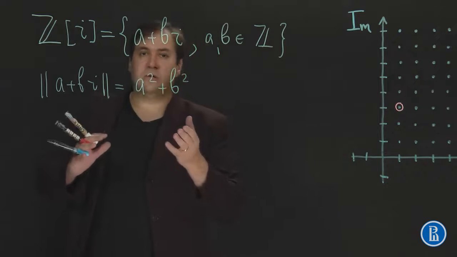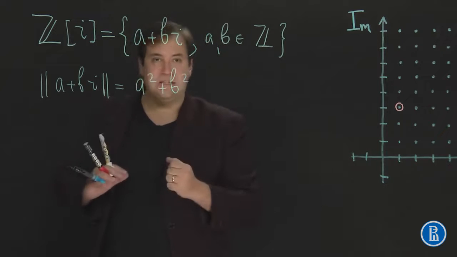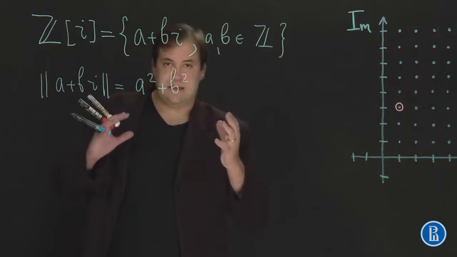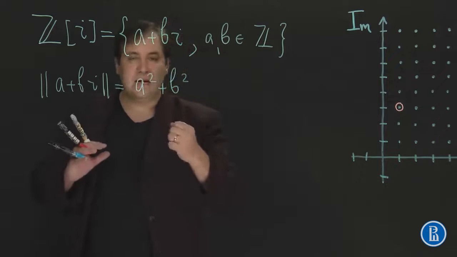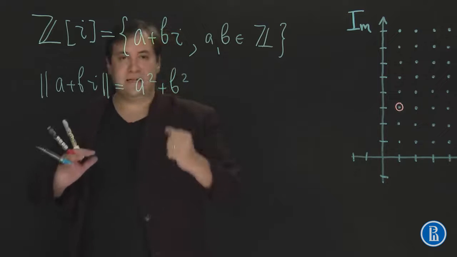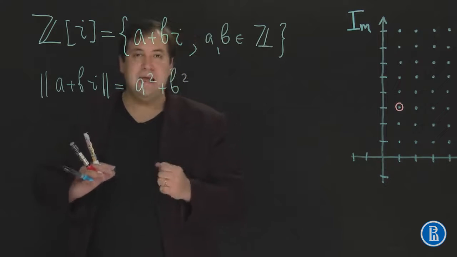It is the square of the absolute value of the complex number, but we do not take simply the absolute value, but its square, because we need the norm to be an integer. We see that it is non-negative integers.